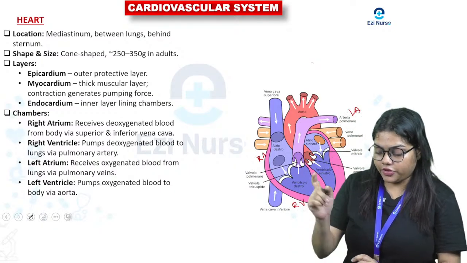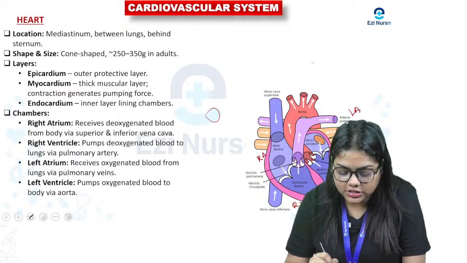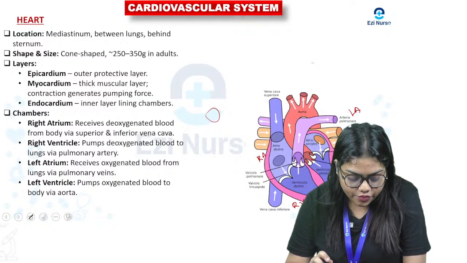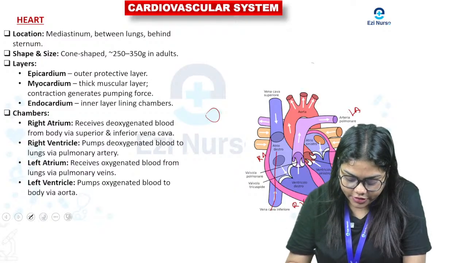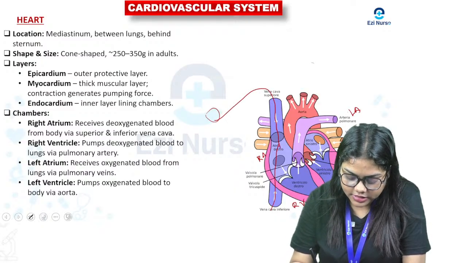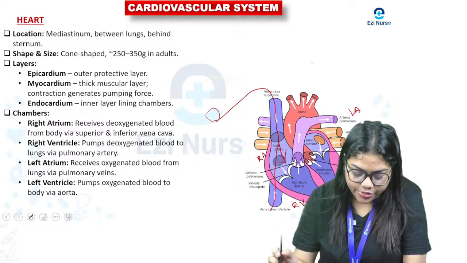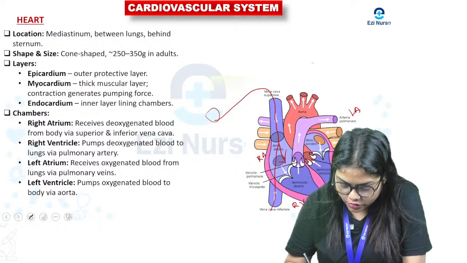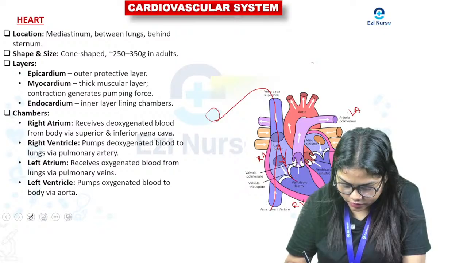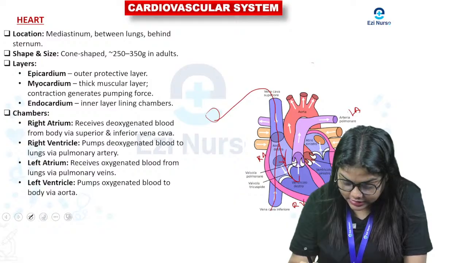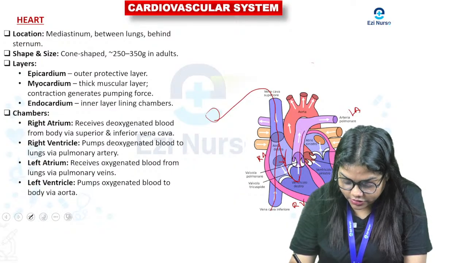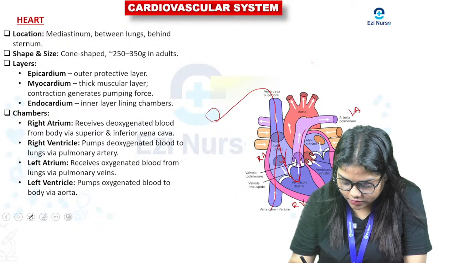Let's discuss this. First, what will happen? The deoxygenated blood will come through the superior and inferior vena cava into the right atrium. Now where will it go? From here it will pass and go to the lungs.